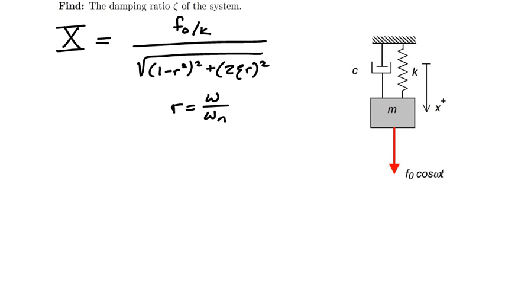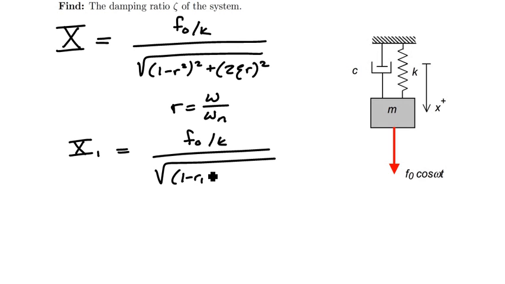So if I have this result, what I can say here is that I know that x1 will simply be F0 divided by K divided by the square root of quantity 1 minus R1 squared, quantity squared, plus quantity 2 zeta R1, quantity squared.